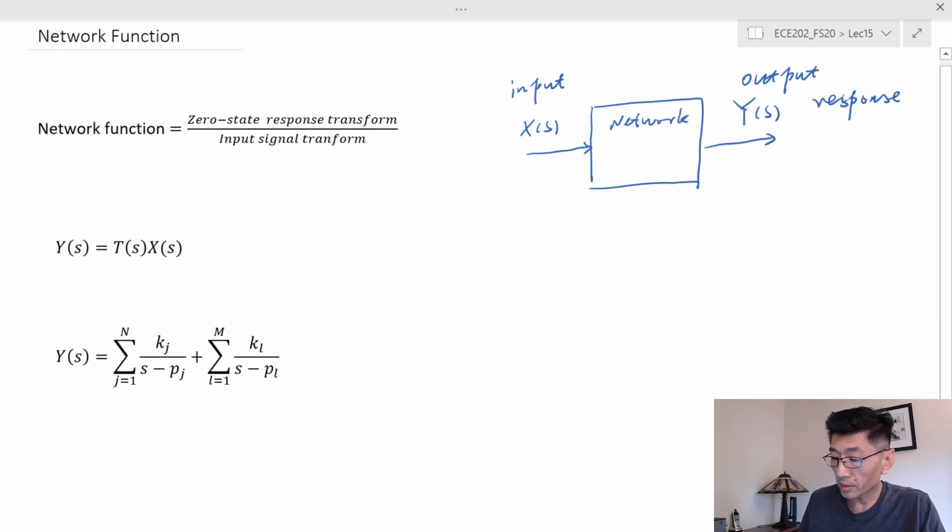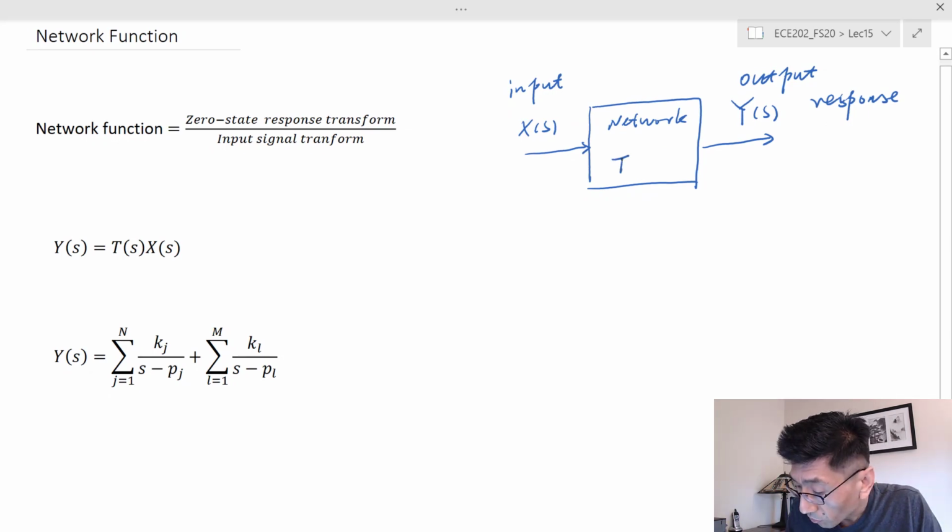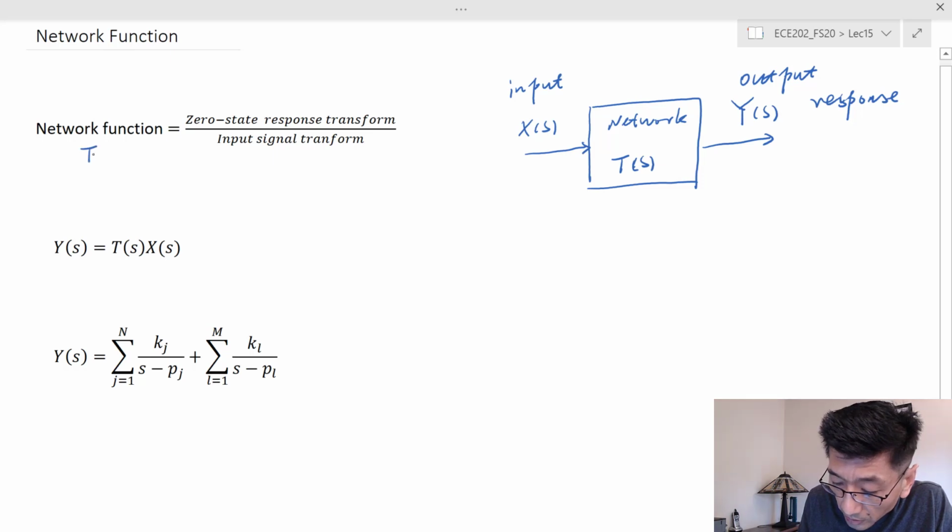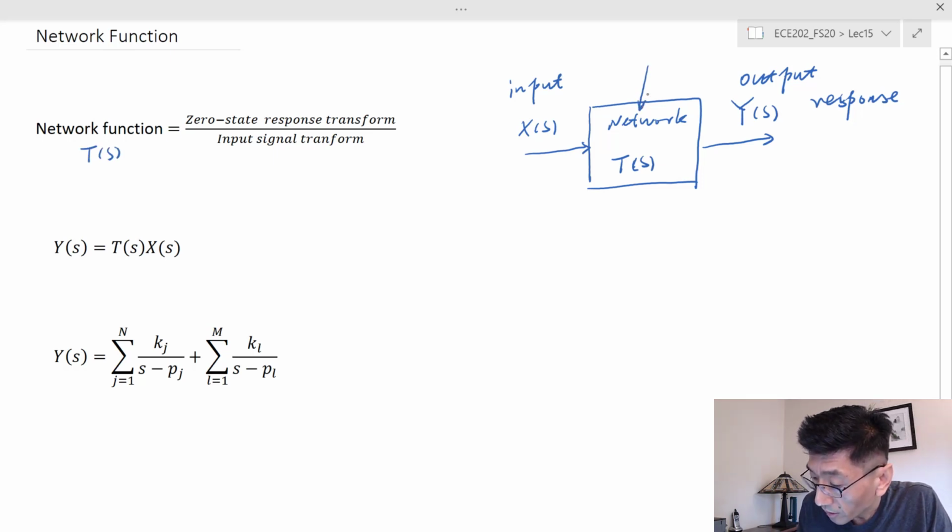In this case, we denote the network function as T(s). And in this case, the network has zero initial conditions. We are looking at the ratio for the zero state.